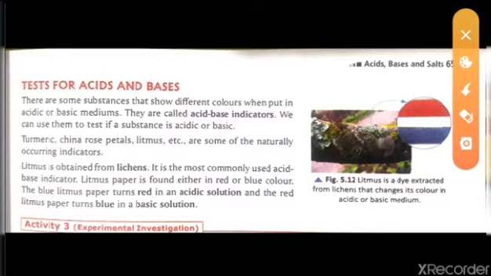There is a chemical known as an acid-base indicator.